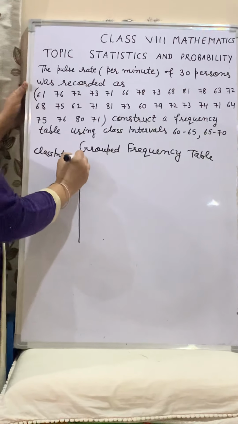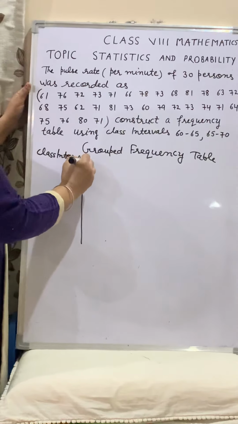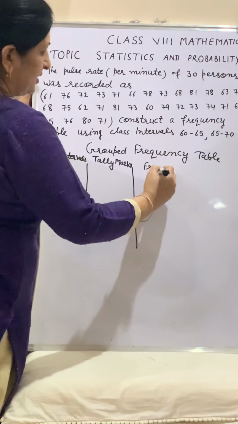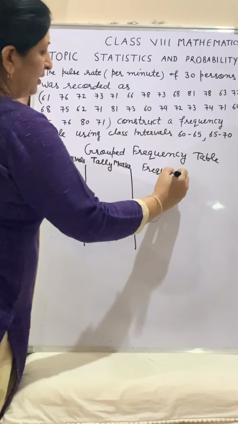Here we will write tally marks. And in the third column we will write frequency, or number of persons.